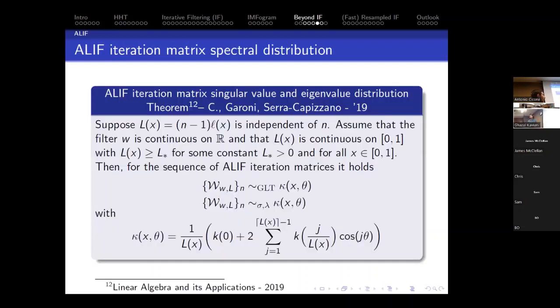So we spent like 4 years trying to prove its convergence without any success. We involved super experts in what is called generalized locally Toeplitz theory, which is a super advanced linear algebra theory developed to generalize Toeplitz theory, to try to guarantee convergence.